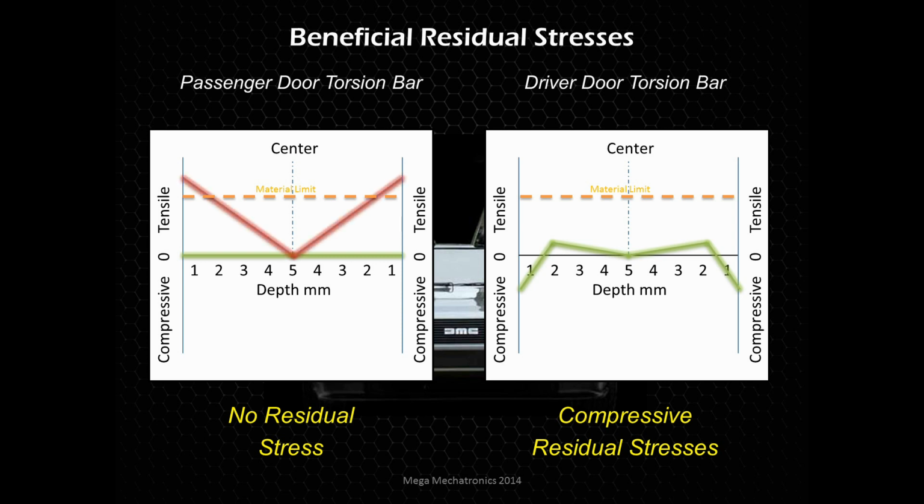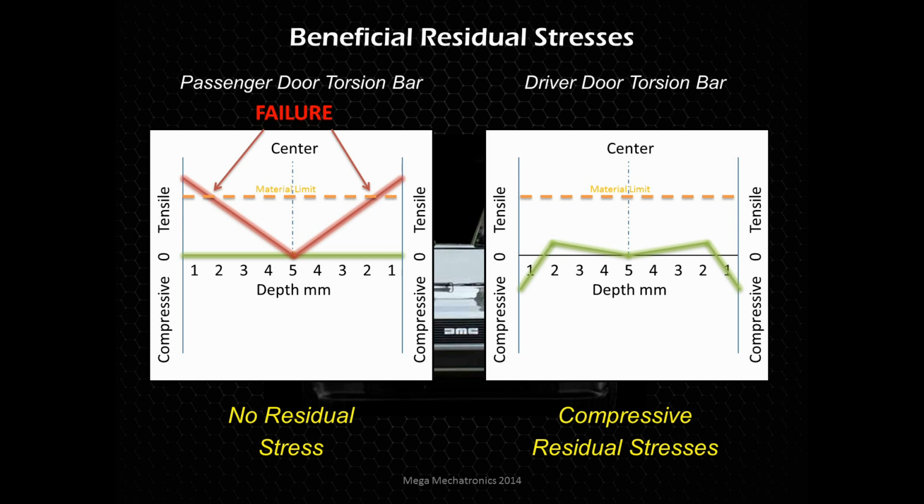Well, when they closed the door for the first time, the stress surpassed the limits of that material and caused a plastic deformation, which changed how that torsion bar works, and it actually loses its strength.